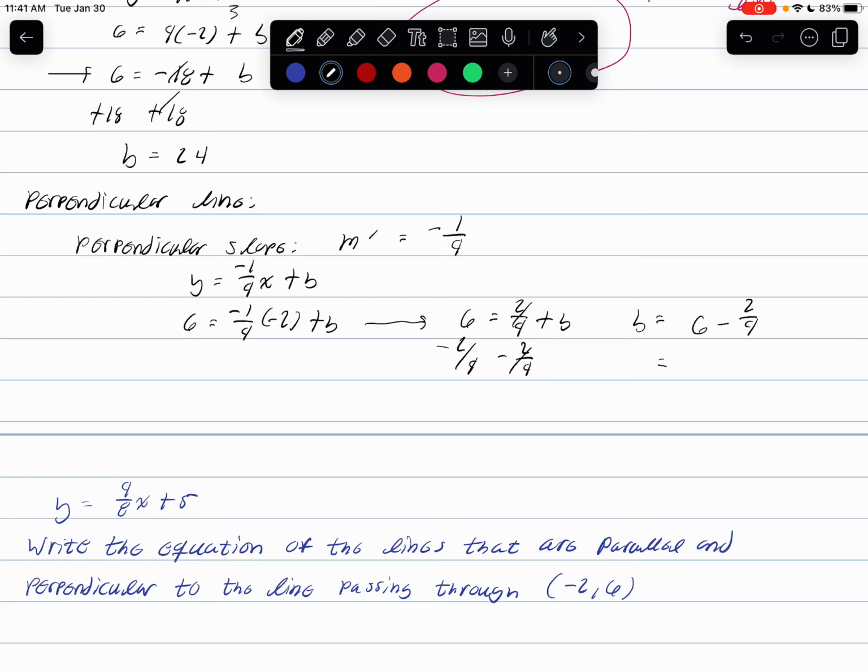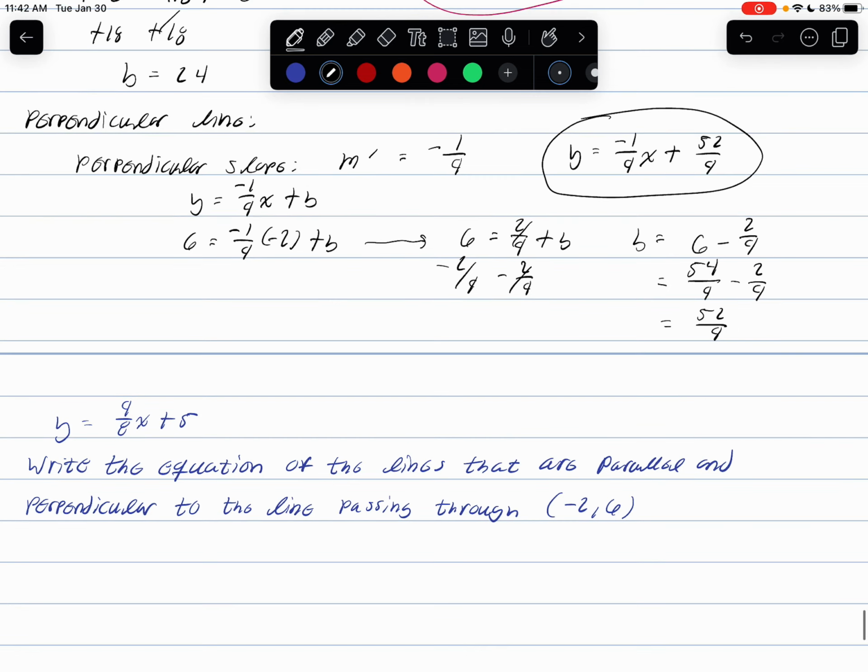So that's going to give us 6 times 9 is 54 over 9 minus 2 over 9. That's going to give us 52 over 9. So the equation for our perpendicular line is going to be y equals negative 1 over 9x plus 52 over 9.